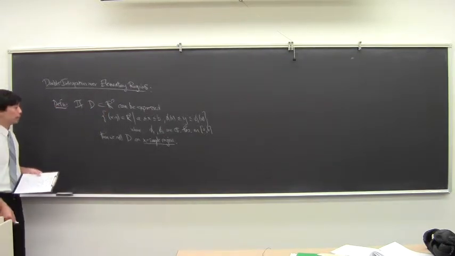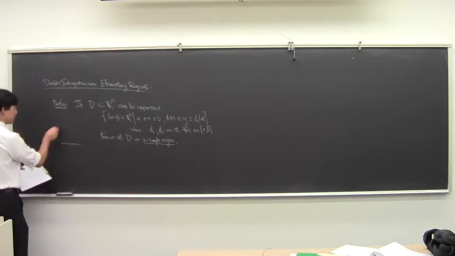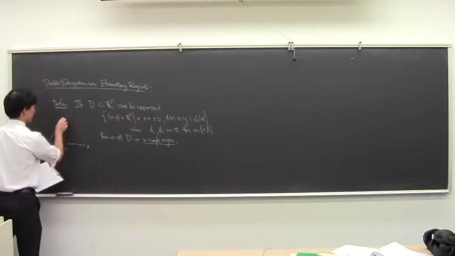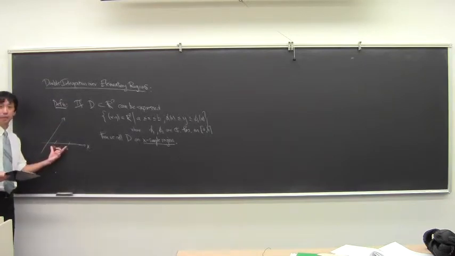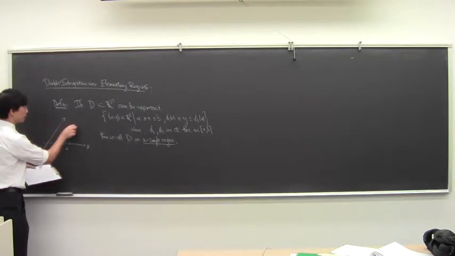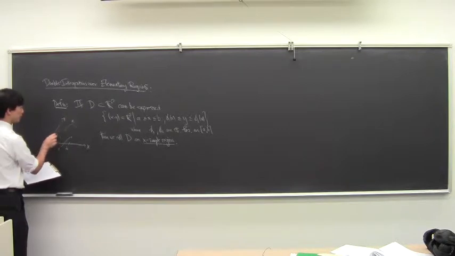Okay, so the picture you want to have in your head is like this. There's some interval AB on the x-axis, and then you have these two functions, phi1 and phi2. So this is phi1, this is phi2. Right. So here's the y.